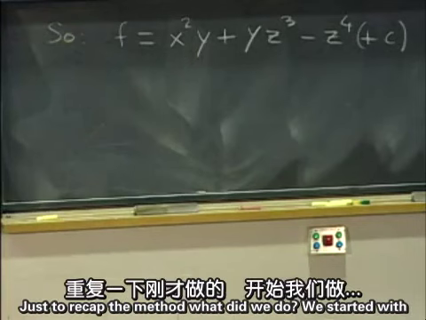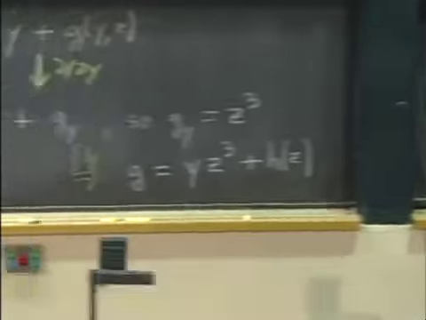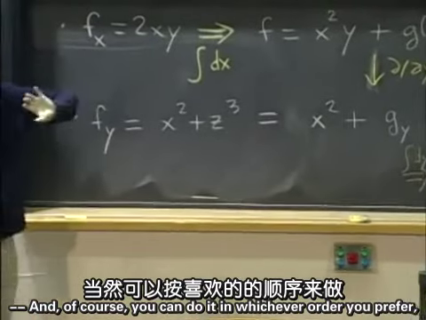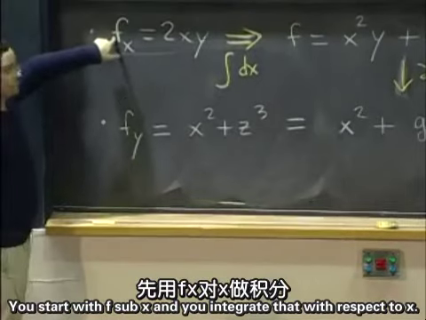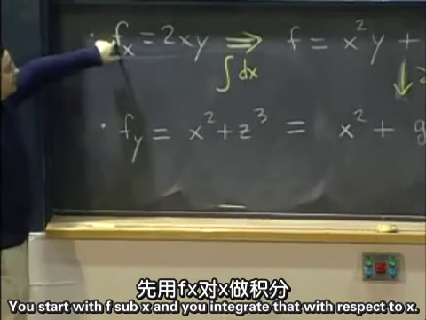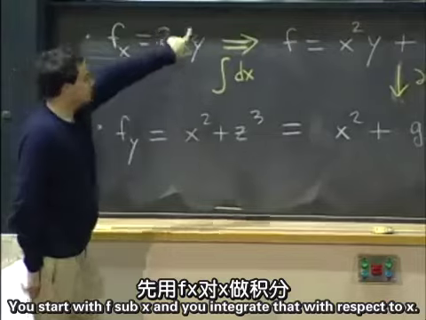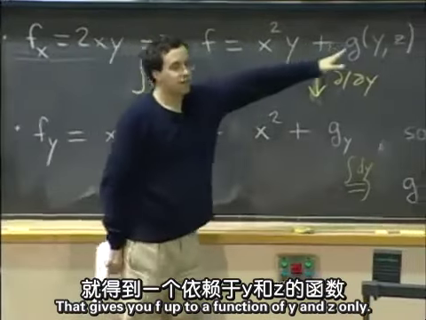Okay, so just to recap the method, what did we do? Of course you can do it in whichever order you prefer, but you have to still follow the systematic method. You start with f sub x, and you integrate that with respect to x. That gives you f up to a function of y and z only.